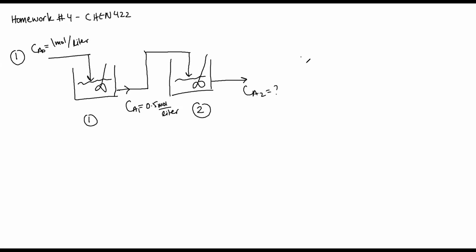You're being told that V2 is equal to 2V1, and it's a second order reaction, i.e. minus RA, we're just using A to denote the species, is equal to K CA squared. Okay, so I want to find the concentration leaving the second reactor.